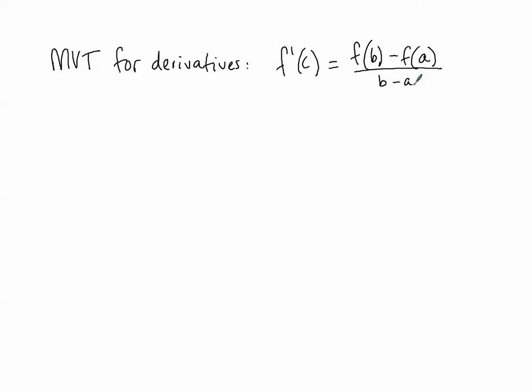Well, let's take the integral of both sides of this equation and let's see what we can do with it. Now the b minus a that's in the denominator here can be treated as a constant multiple and we can pull this out so that it looks like that instead.